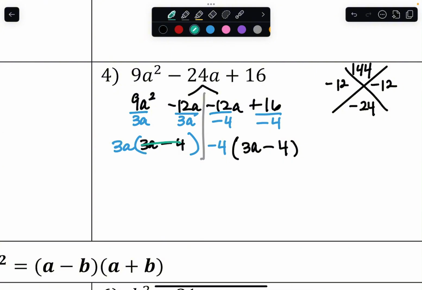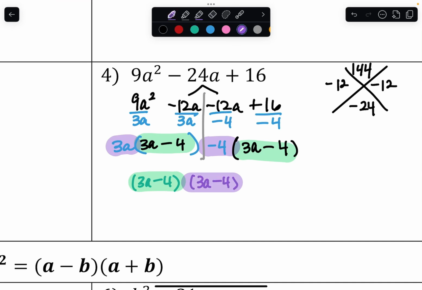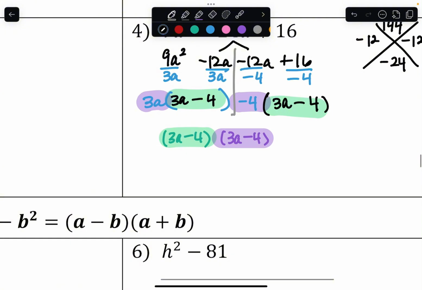Our parentheses match, so 3a minus 4 is one of my factors, and then the other factor is also 3a minus 4. And so we can still write this as 3a minus 4 squared.